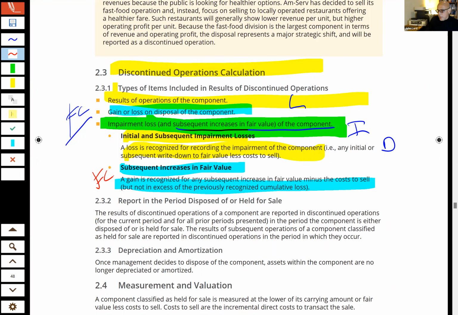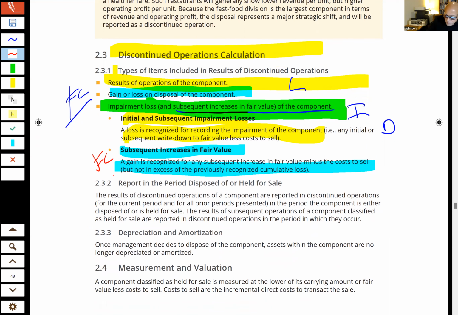So let's say we're looking at a segment, and the book value of that segment is $1 million. But let's say we look and the fair value is now what? 600,000. Well, we have an impairment of what? 400,000.